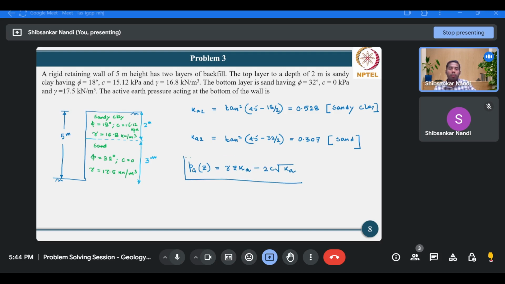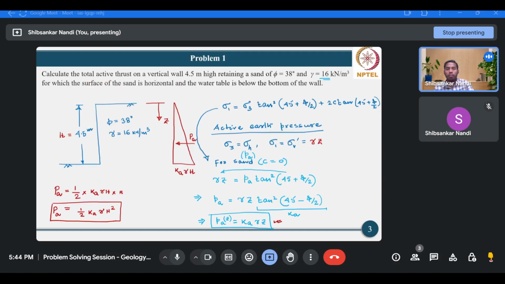This comes from the fundamental relationship between the major and minor principal stresses on the verge of failure. In the very first problem we discussed this a little.